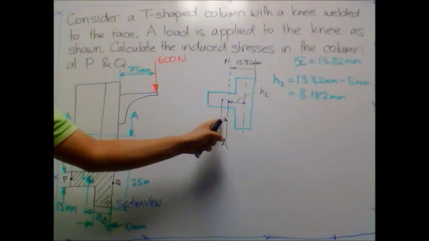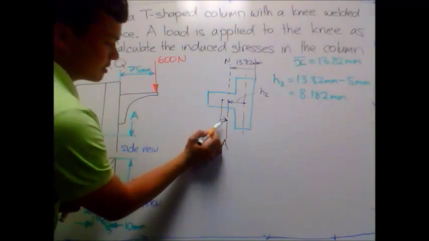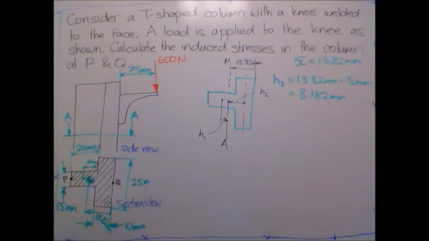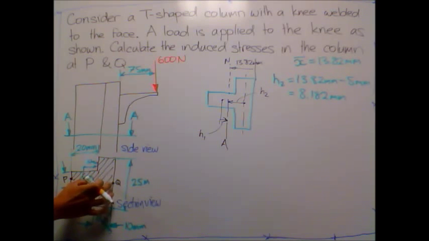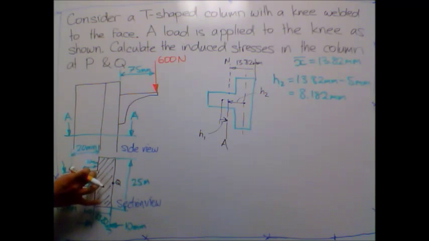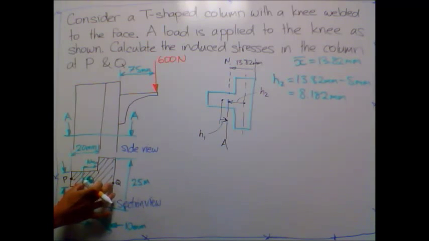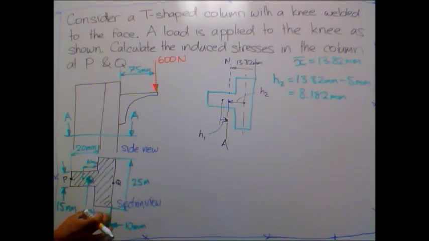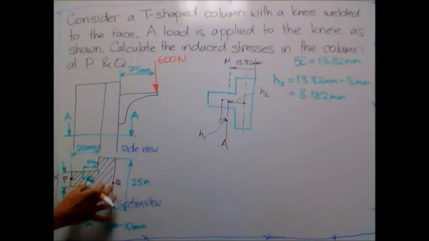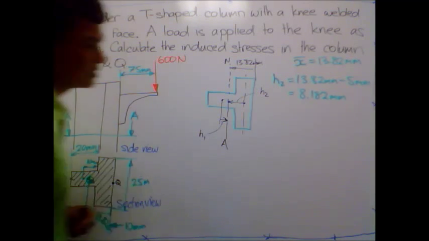I can also determine the distance h1. The location of the center of area for shape number 2 is, from here to here, 20 millimeters: 10 millimeters here plus 10 millimeters here gives me 20. And I know this distance here is 13.82, so it will be 20 millimeters minus 13.82 millimeters.